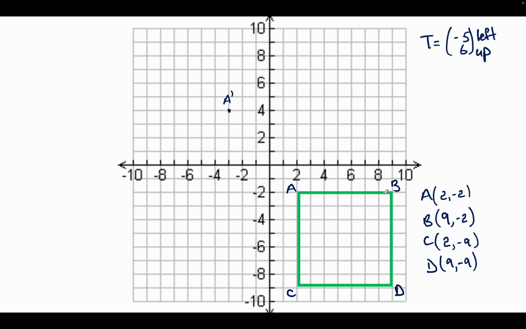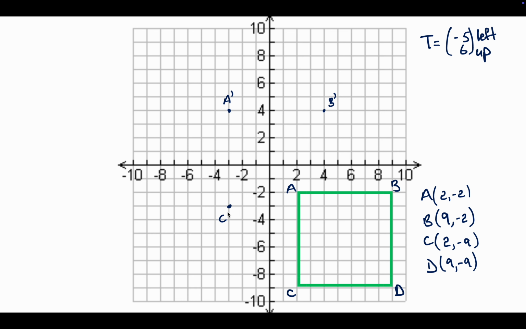Now for B, 1, 2, 3, 4, 5. 1, 2, 3, 4, 5, 6. My B prime will be here. C, 1, 2, 3, 4, 5. 1, 2, 3, 4, 5, 6.